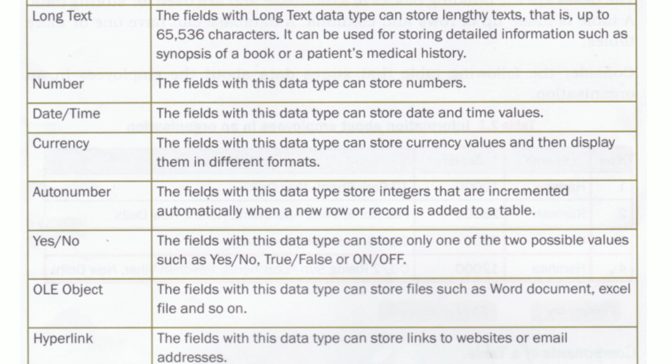Now the next one data type is, as you can see on the screen, that is long text. This long text field can store lengthy text. The text format for long text data type is plain text without a limit of the total number of characters permitted. It can be used for storing detailed information, such as if we are creating a table related to students.